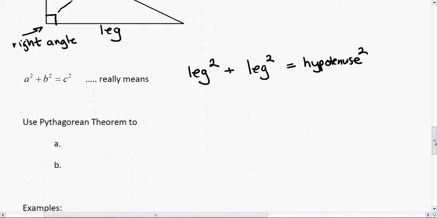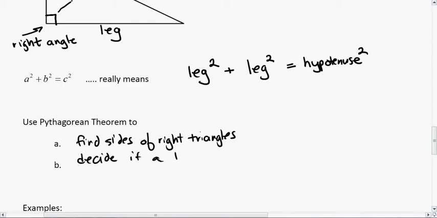You use Pythagorean theorem for two things: to find sides of right triangles. So if I give you two sides of a right triangle, you can use Pythagorean theorem to find the third side, and also to decide if a triangle really has a right angle in it, if it is actually a right triangle.